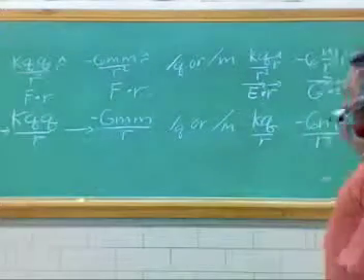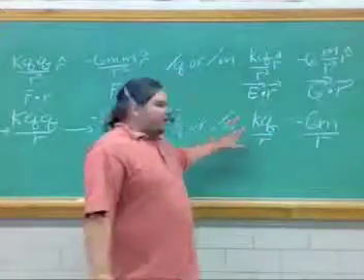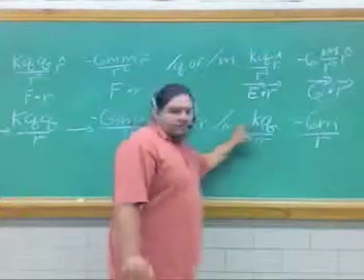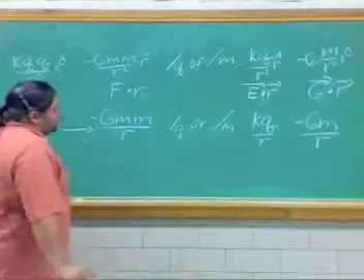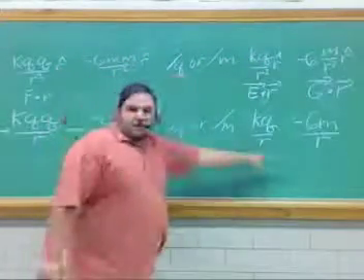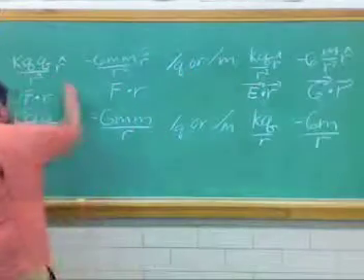So they're all kind of related to each other. I can get from potential to field. I can get from potential to energy. I can get from energy to potential to force to fields.